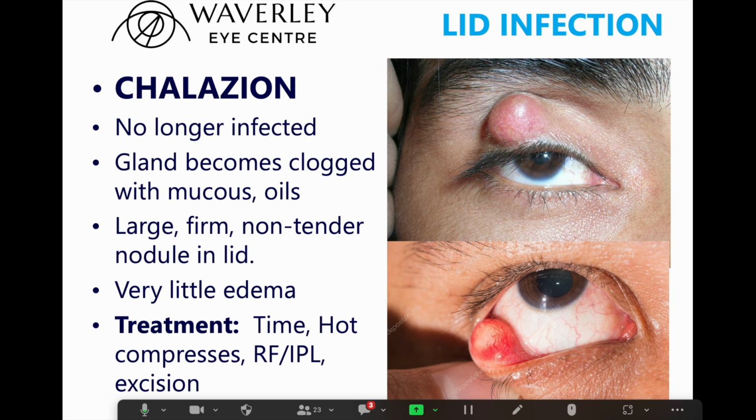Intense pulsed light, dermatology uses that to treat rosacea and photofacials, fine blood vessels, and to remove sun spots. We will use that to treat the inflammation, and both of those can be used to maybe treat a chalazion and not have to go for excision.